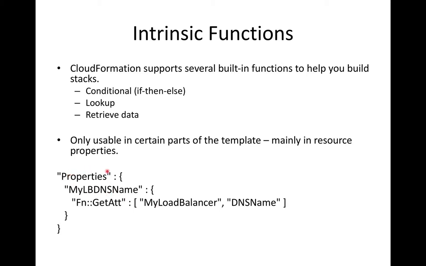In our properties section of our template, we have a property called my load balancer DNS name, and it references a function called GetAtt, which is a get attribute. You see the function starts with capital F, lowercase n, and then two colons followed by the function name. This is the syntax, the way you call a function, and then in between square brackets you have the resource ID name, and then you have the attribute that you want to get that's associated with that particular resource.